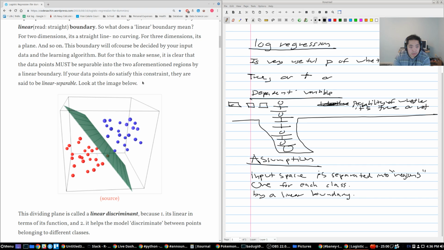If your data points do satisfy this condition, they are said to be linearly separable. So this is really important.